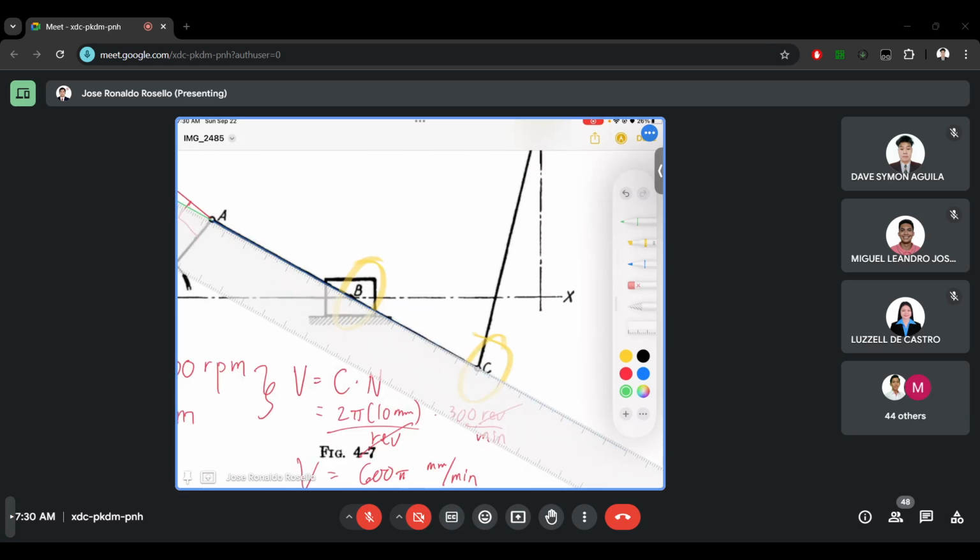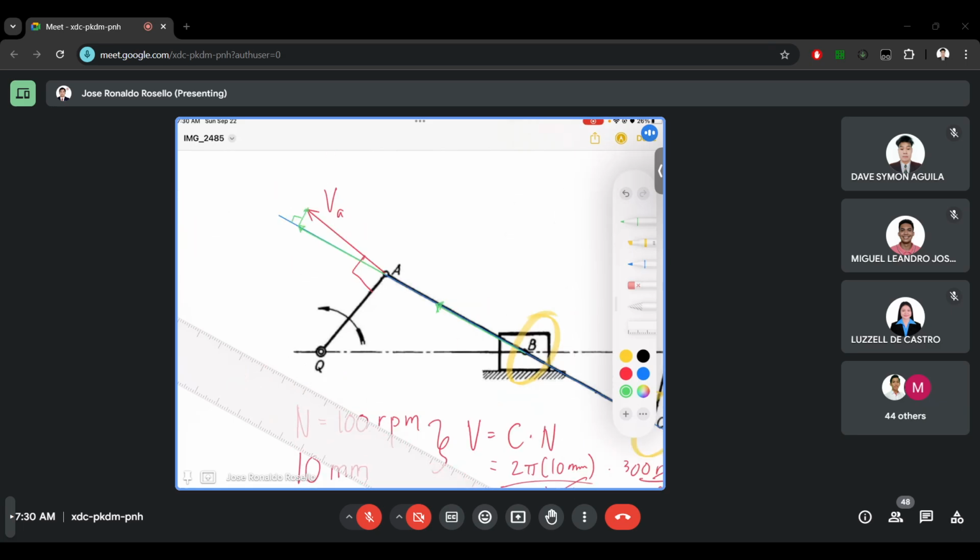We will copy it to point B. Let's say this is 4.2. Then we'll make a perpendicular component. So since this direction is going to the left, we will make a perpendicular component going to the left.